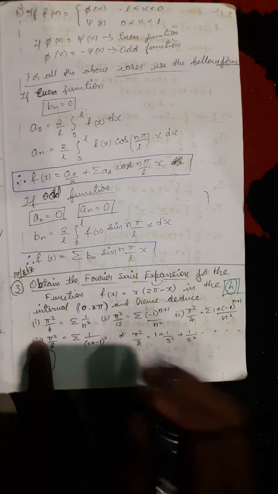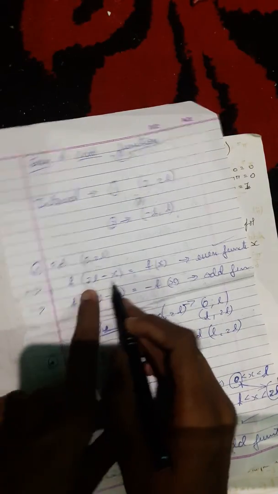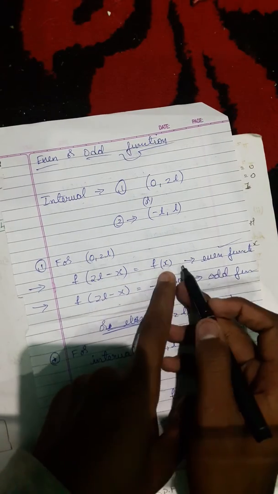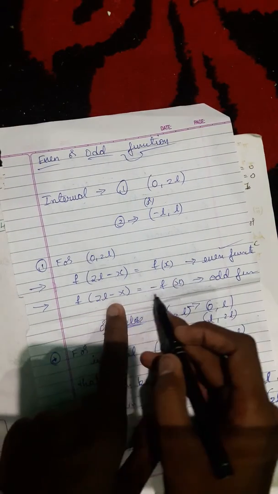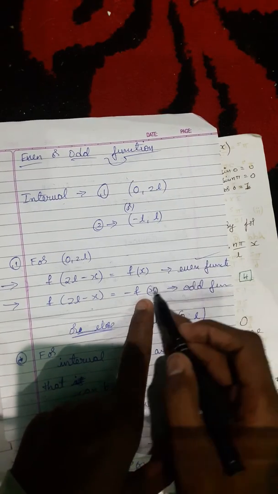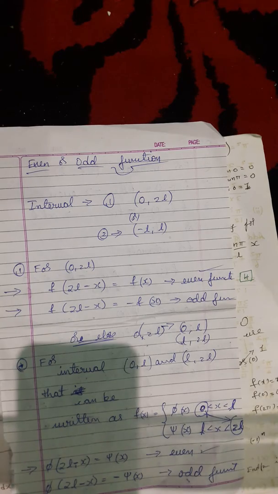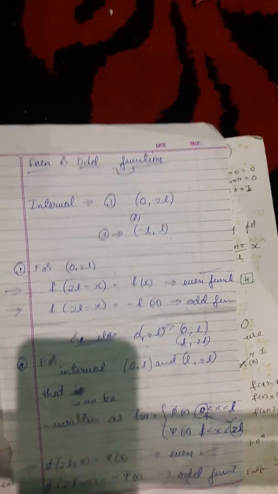Using this we have to solve. We can find odd or even function using the first method: f of 2l minus x is equal to f of x, or f of 2l minus x is equal to minus f of x. If it is f of x, then it is even; if minus f of x, then it is odd. Similarly we can apply it for other sums and solve them. Thank you.